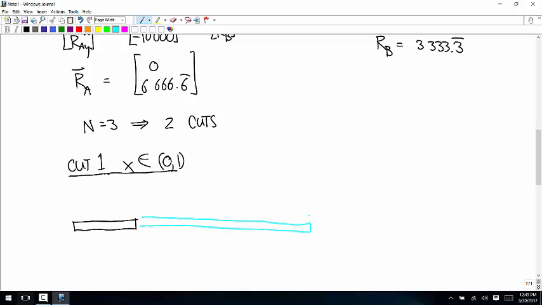It just means x is part of this interval between 0 and 1. So x is somewhere between 0 and 1, and if it has round brackets like that, it means not including 0 or 1. And if it has square brackets, it means it is included.